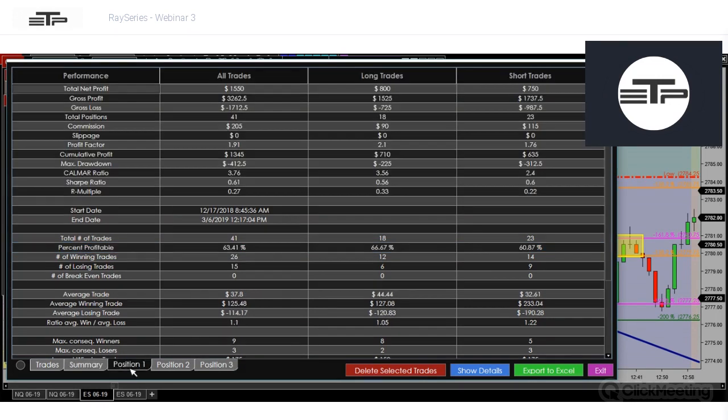Now, if you're going to trade just position one, it made $1,550 during those 2 months with a 63% win ratio. If you're going to trade just position two, that made roughly $3,000, a little bit under $3,000. And then position 3 made roughly $2,500.